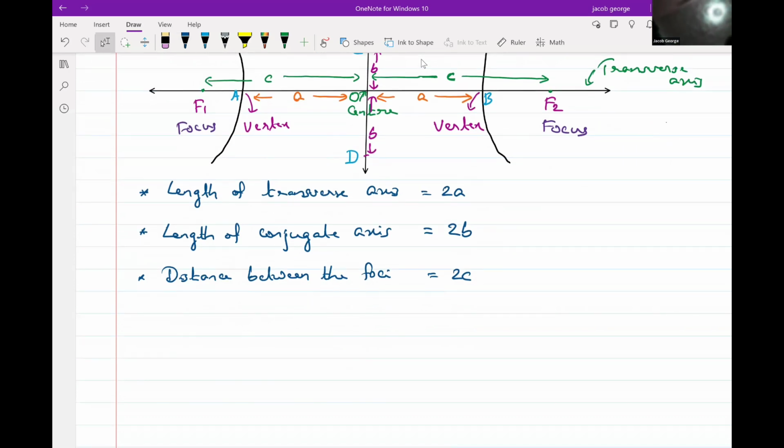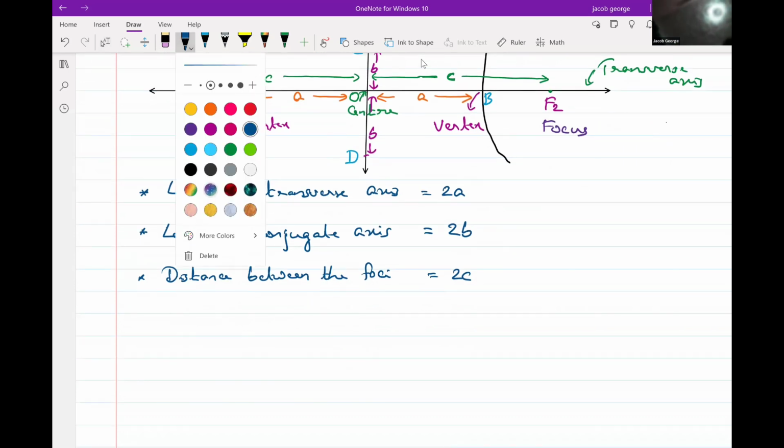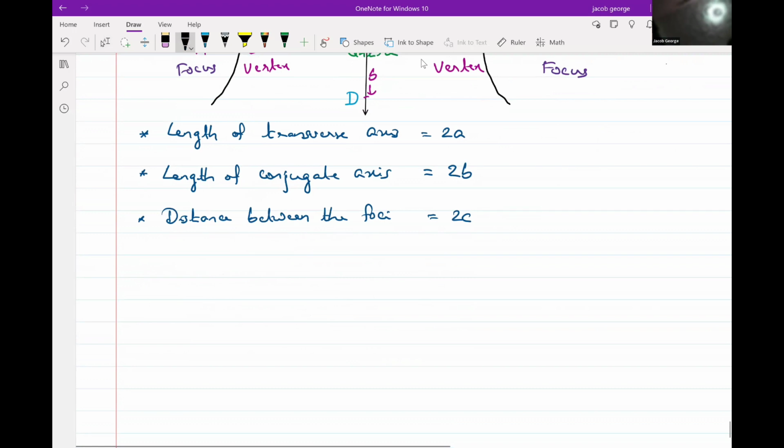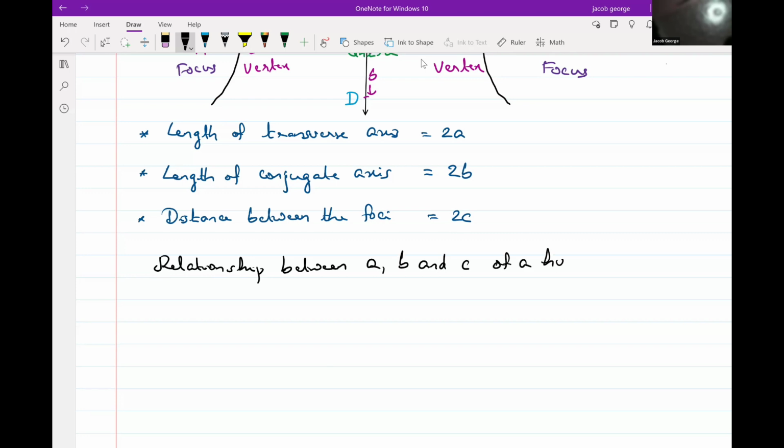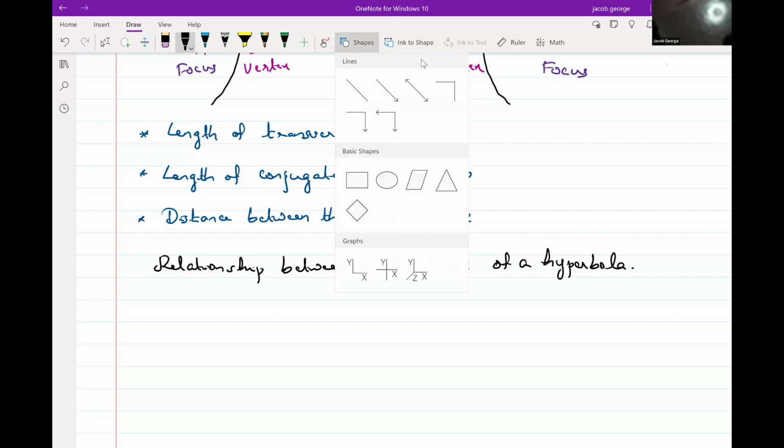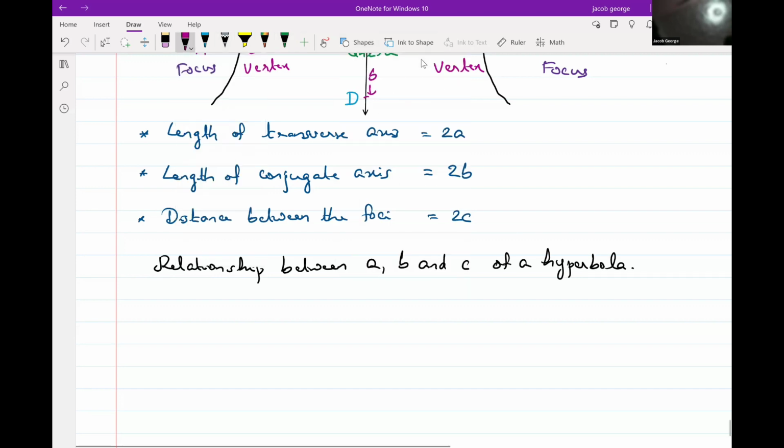Can anyone say the relation connecting A, B, C of hyperbola?